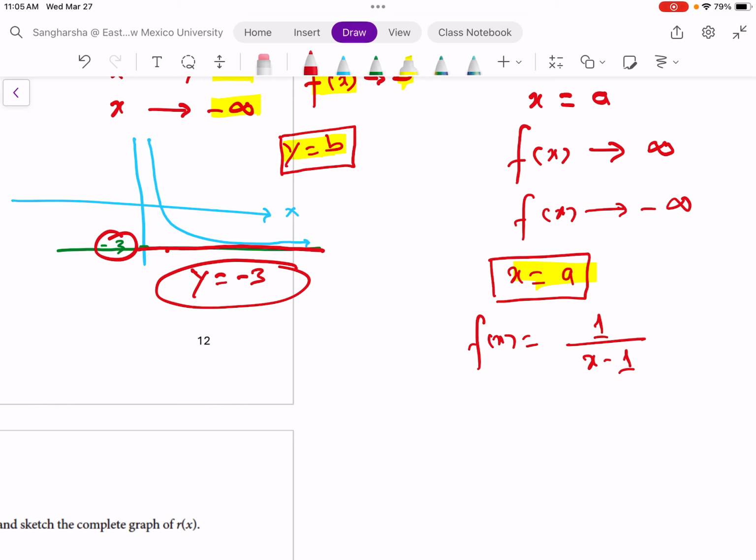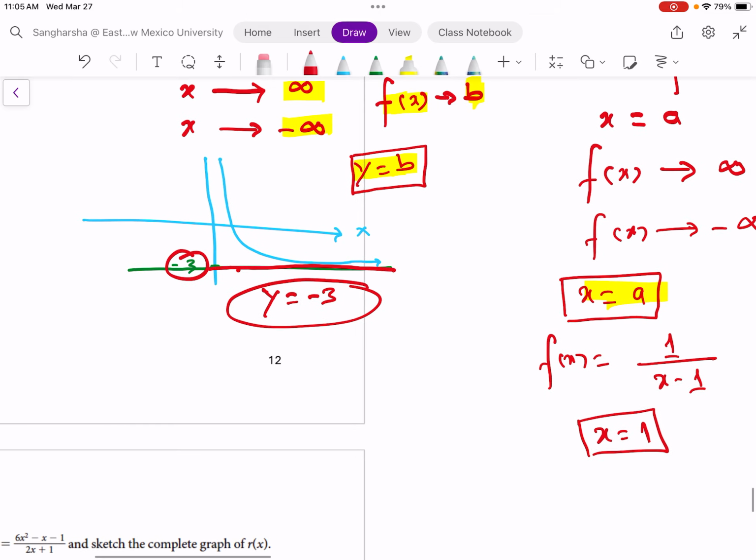For this function, what number makes the denominator equal to 0? 1, right? When we choose x equals 1, our denominator is equal to 0. So x equals 1 is the vertical asymptote. So you find a number that makes the denominator equal to 0 and make sure you write down x equals that number. Those are the vertical asymptotes.